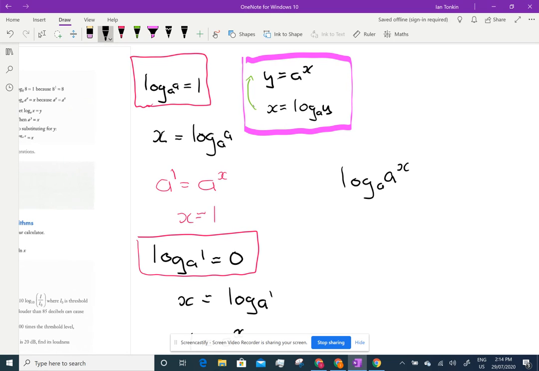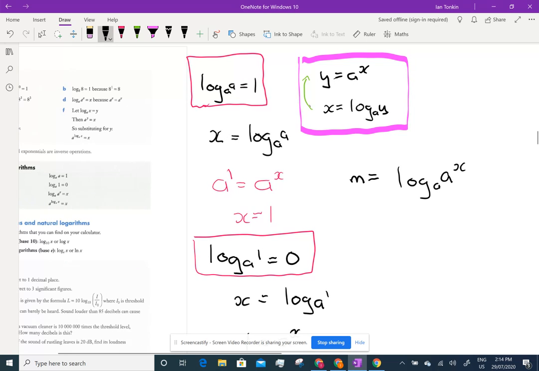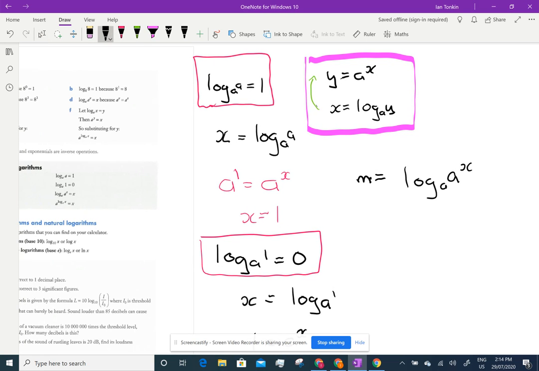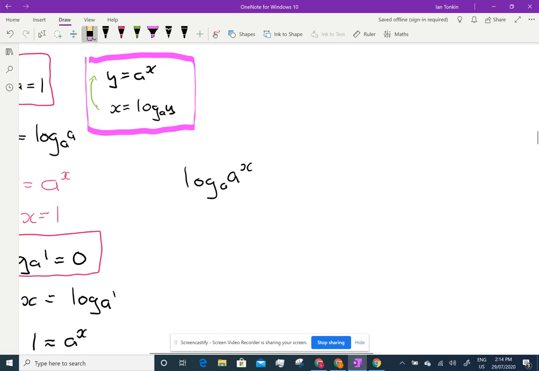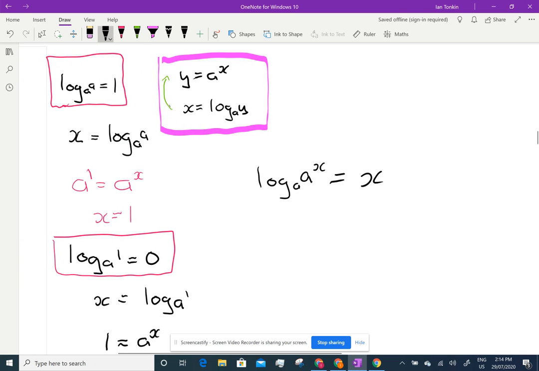Okay, well, let's call it something. We'll use a variable. I'll just pick another variable. We'll let m equal that. And they're saying that equals x. Let's prove it. That equals x. Now, how do we prove that?